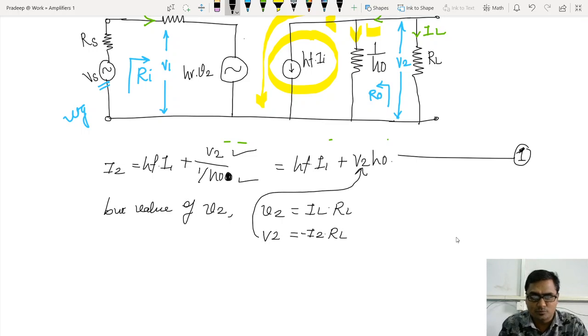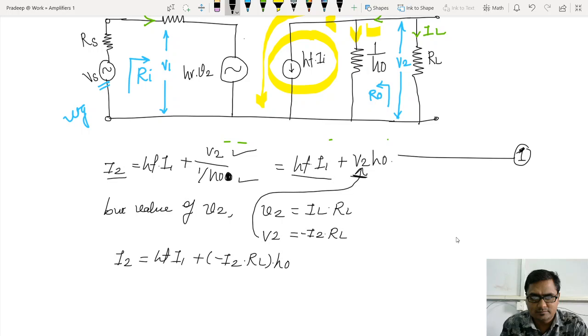If I put the value of V2 in the equation of I2, then I2 will be hf I1 plus, now V2 is equal to minus I2 RL, multiplied by ho.